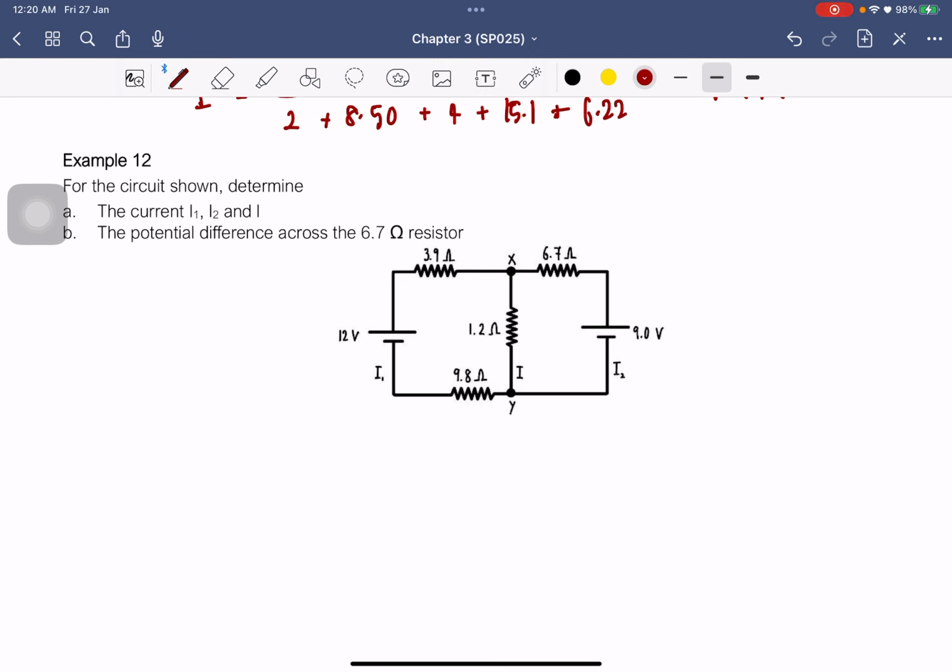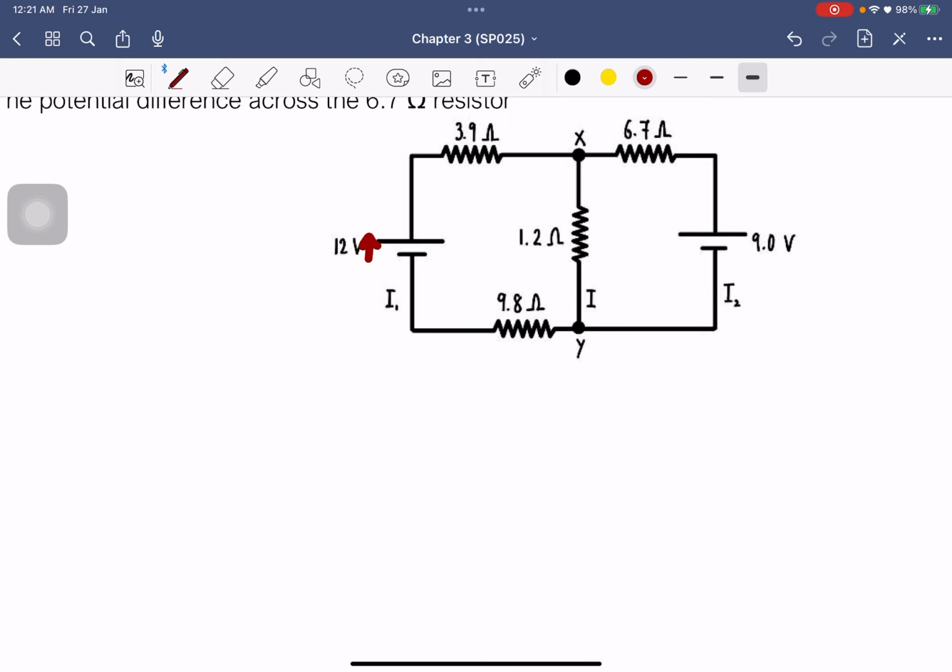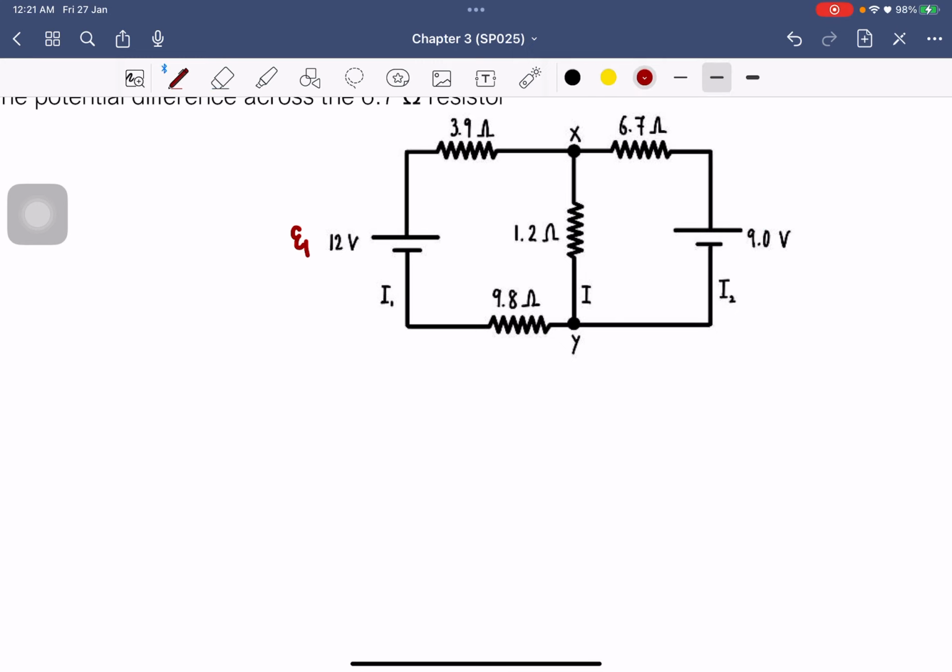Alright, so first, what do we need to do? We need to draw the EMF direction. So this is here, this is here. I'm going to label them first. EMF 1. Sorry, I can't see it when I draw the direction of the loop.